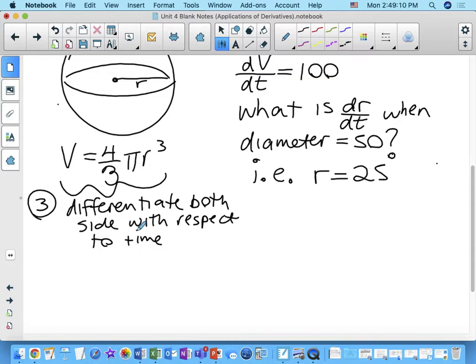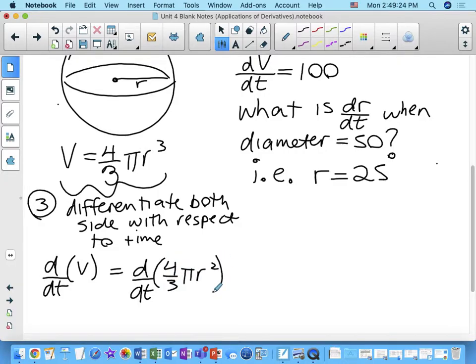Here's what it's going to look like: d by dt of volume equals d by dt of 4/3 pi r cubed. That's important.